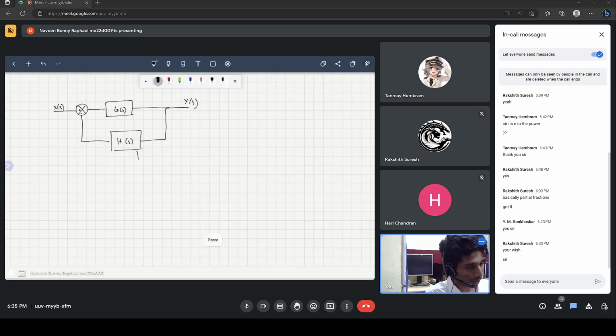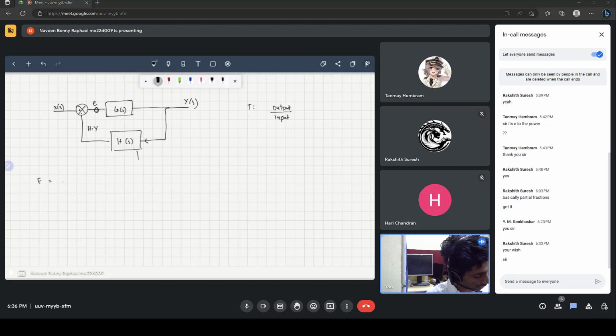So if you have y of s here, after the measurement, here we have h multiplied by y, because by definition the transfer function is output by input. So the input to this h is y, so the output is h multiplied by y. So this signal is the difference of this. So we'll call this E for error.